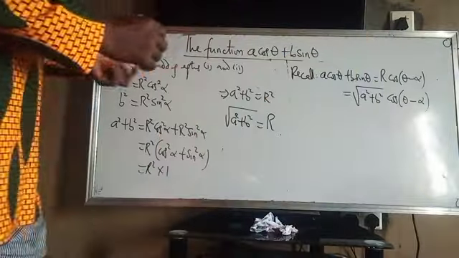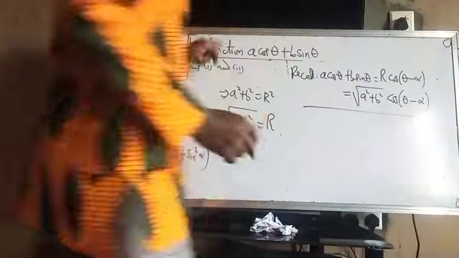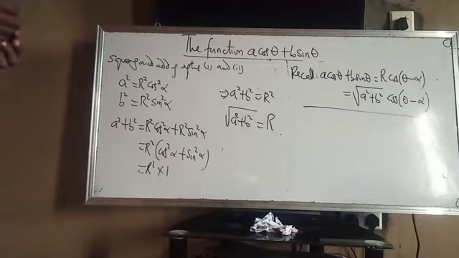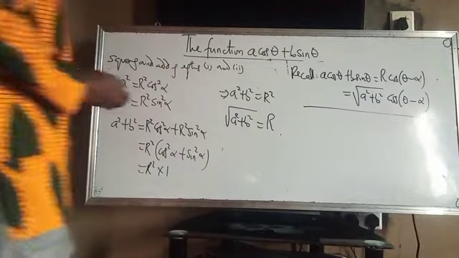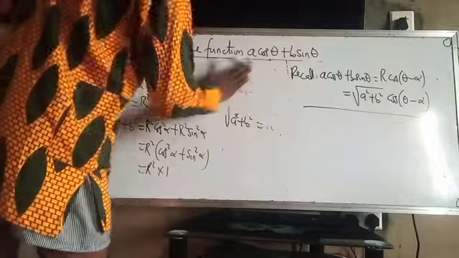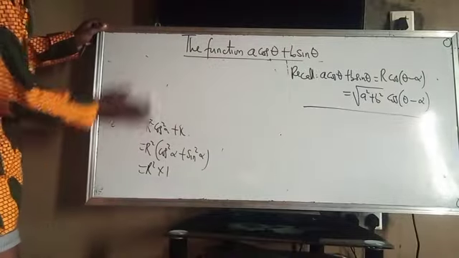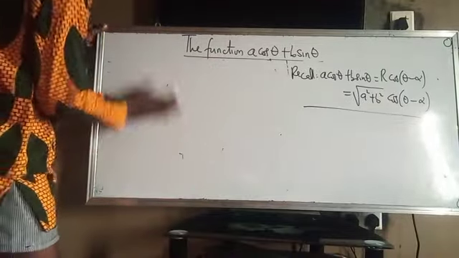Okay, so that is the form of a cos theta plus b sine theta. Now let's look at an example to illustrate this formula that we have derived.